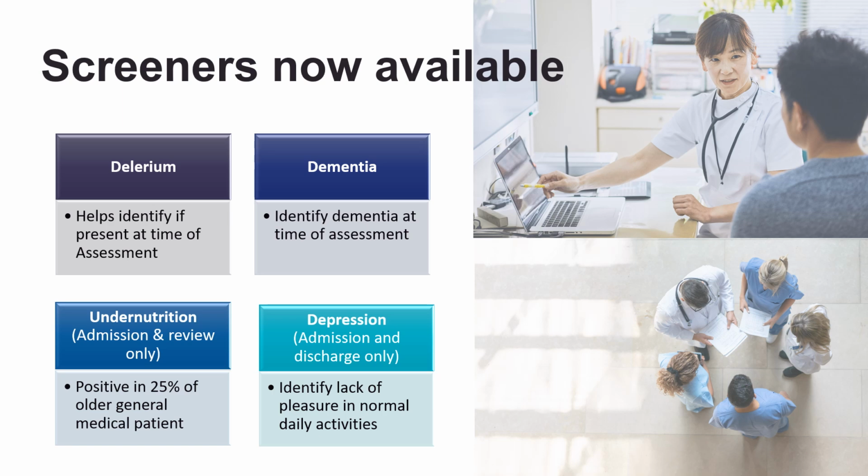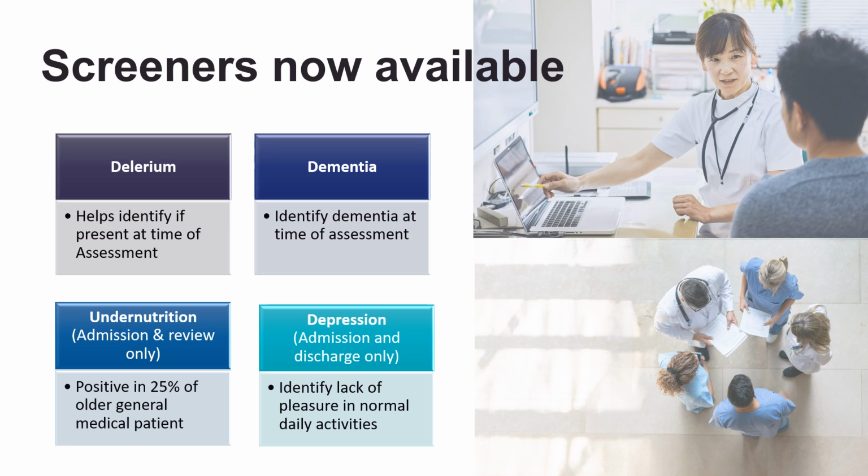The delirium screener is made of 2 coded items: the disordered thinking of awareness or acute changes in mental status. A score of 1 indicates the person is highly likely to have a delirium. The dementia screener helps to identify dementia at the time of assessment by utilizing the cognitive performance scale.